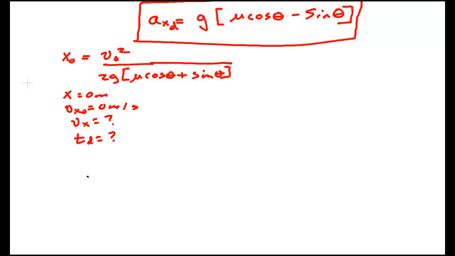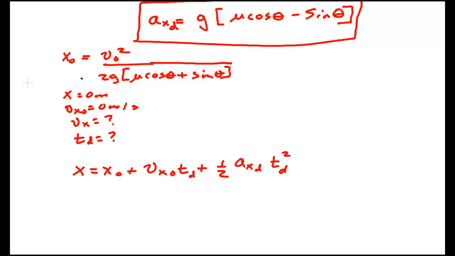I was asked to find the time, so I want to find t. Well, x is x naught plus Vx naught t plus 1/2 times acceleration ax sub d t squared. And I'll put little d's to indicate that's the time down.